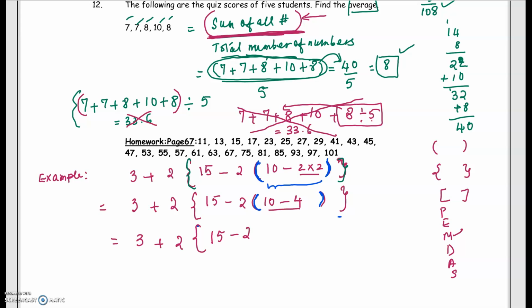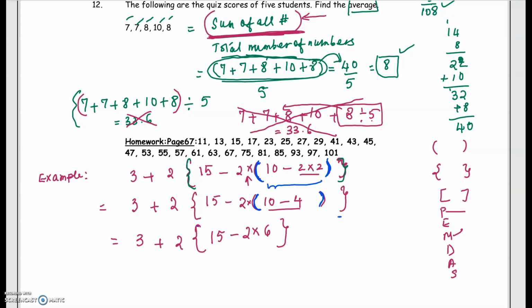10 minus 4 is 6. Remember, what's between the 2 and the parentheses is a times. That's understood. If you don't write anything, it just means it's multiplication. So 2 times 10 minus 4 is 6. And then we have brackets. Again, parentheses first.